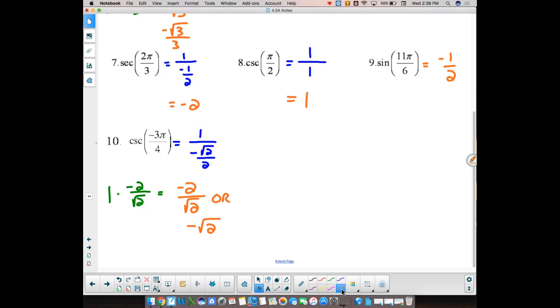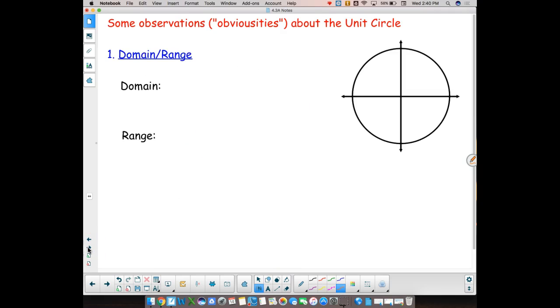This concludes our self notes. Now we will be moving to the obviosities packet. Once again, as I said before, 2/3 of the way through class, we would be moving to the obviosities packet. Now, you may be saying to yourself, what's obviosities?